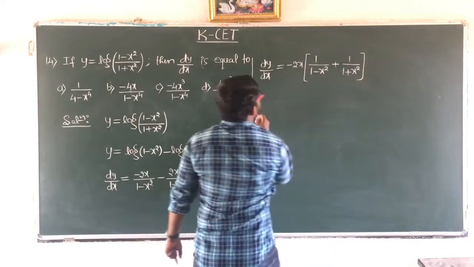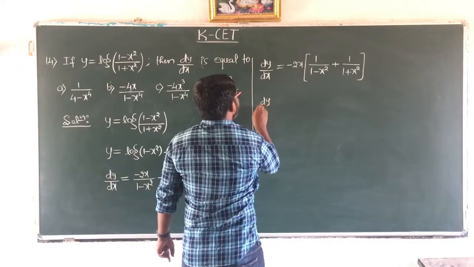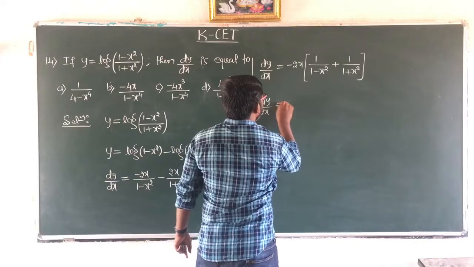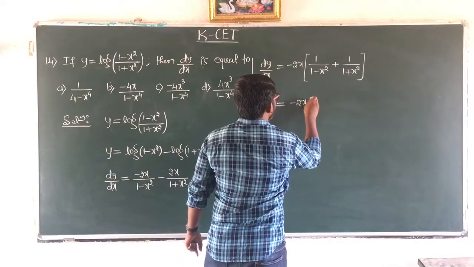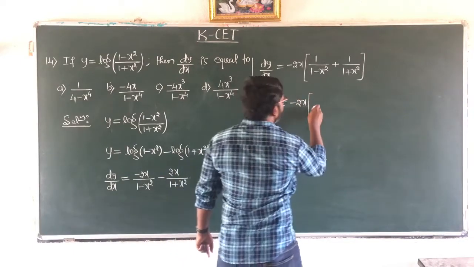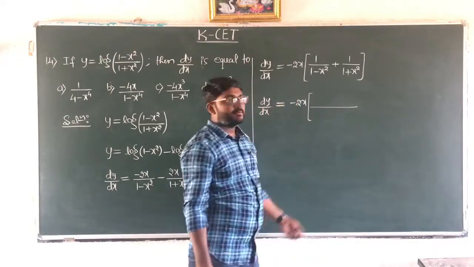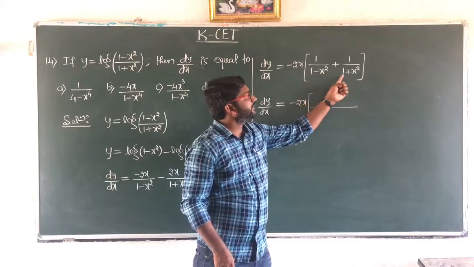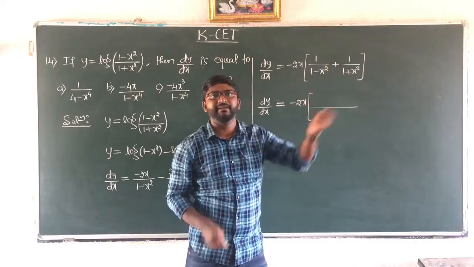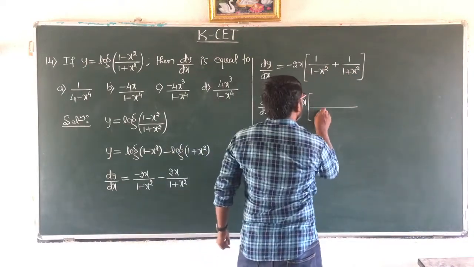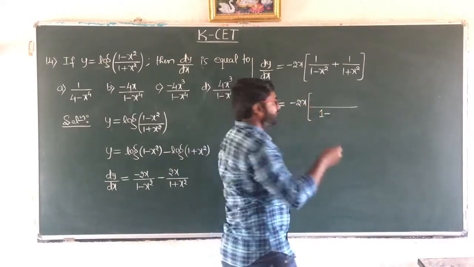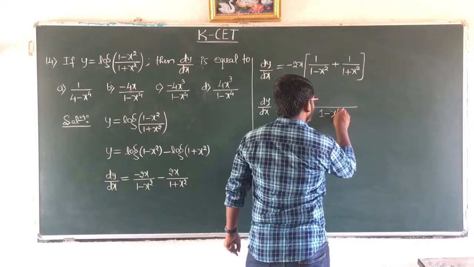So now dy by dx is equal to minus 2x. Let us take out the LCM here. The LCM is the multiplication of these two. It is in the form (a minus b) into (a plus b), which is a square minus b square. That is 1 square minus (x square) the whole square, which gives us 1 minus x to the power 4.